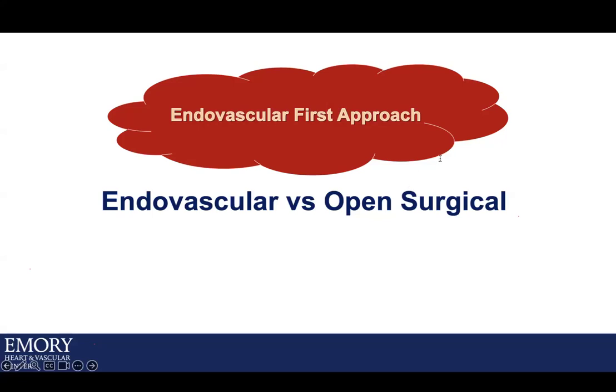So I think we have to follow a selective algorithm when we evaluate these patients based on their clinical factors and their anatomic factors, and we have to individualize plans for each patient according to their anatomy and the perioperative risk tools that we talked about.